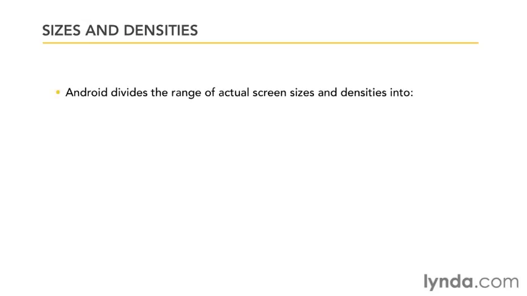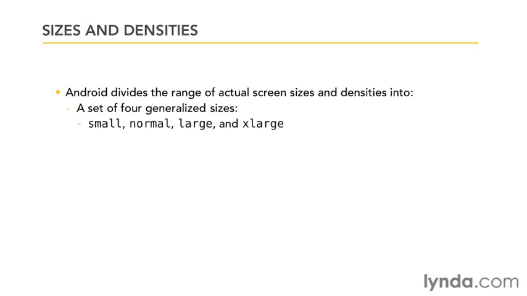Seeing as though there's such a huge number of different Android devices out there with different sizes and densities, Android has actually broken things up into generalized sizes and densities. So when we're talking about the size of screens, Android has broken it up into 4 generalized sizes: small, normal, large, and extra large.